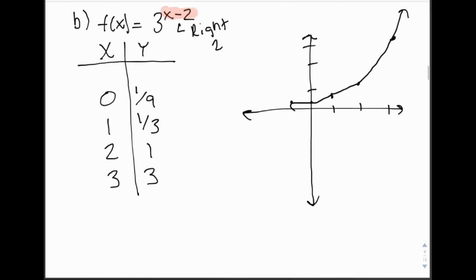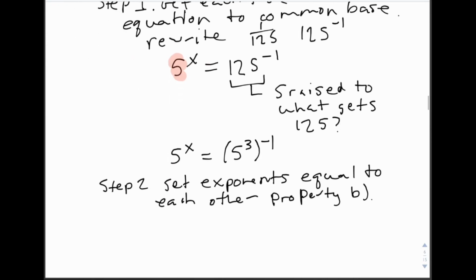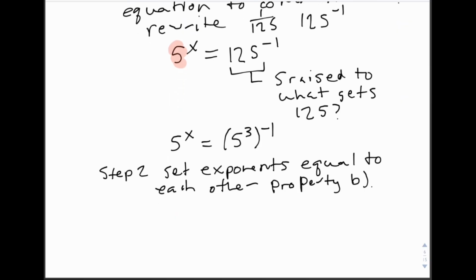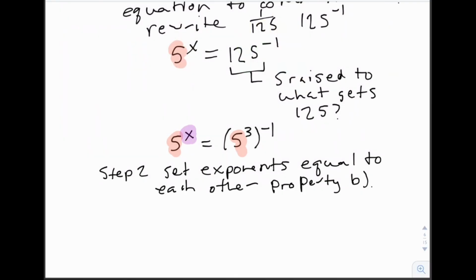Let's look back at our example here. Since we are dealing with a base of 5 and then a base of 5, we can set our exponents equal to each other. So what do we have for our resulting exponents? In this case, we will have this positive x here, and then we have to take care of the positive 3 times the negative 1.